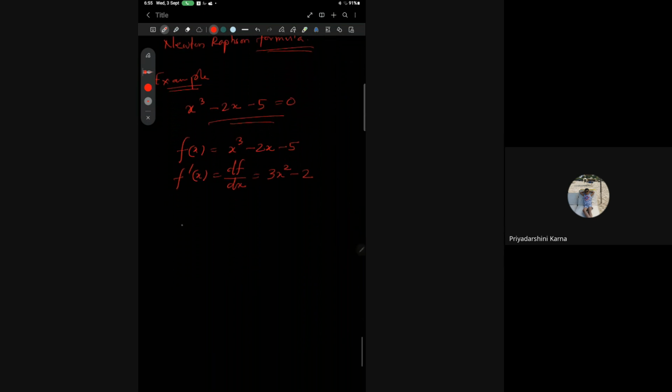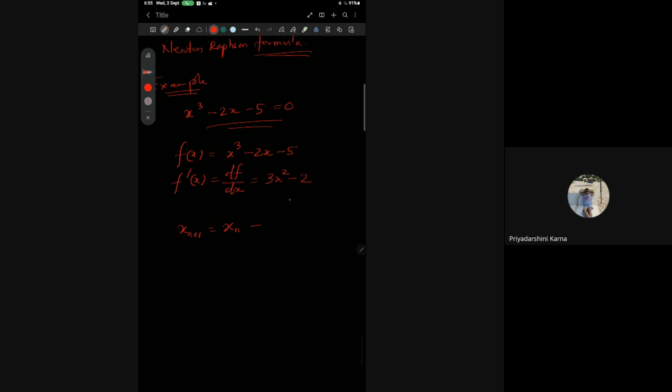Now, what is the general formula then? xn plus 1 is equal to xn minus f of xn, where f of xn means xn to the power 3 minus 2xn minus 5, divided by 3xn square minus 2.